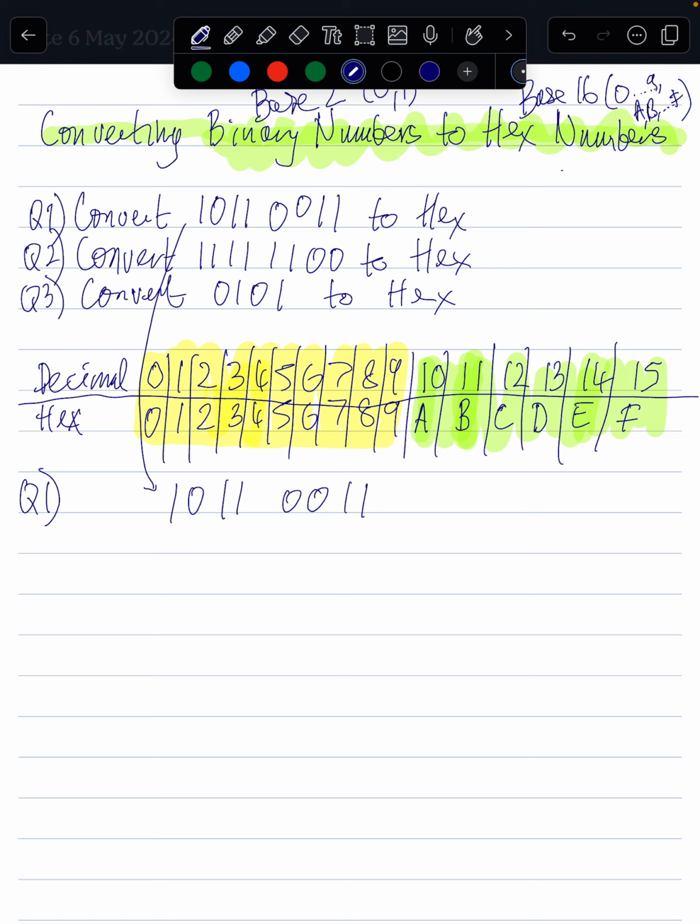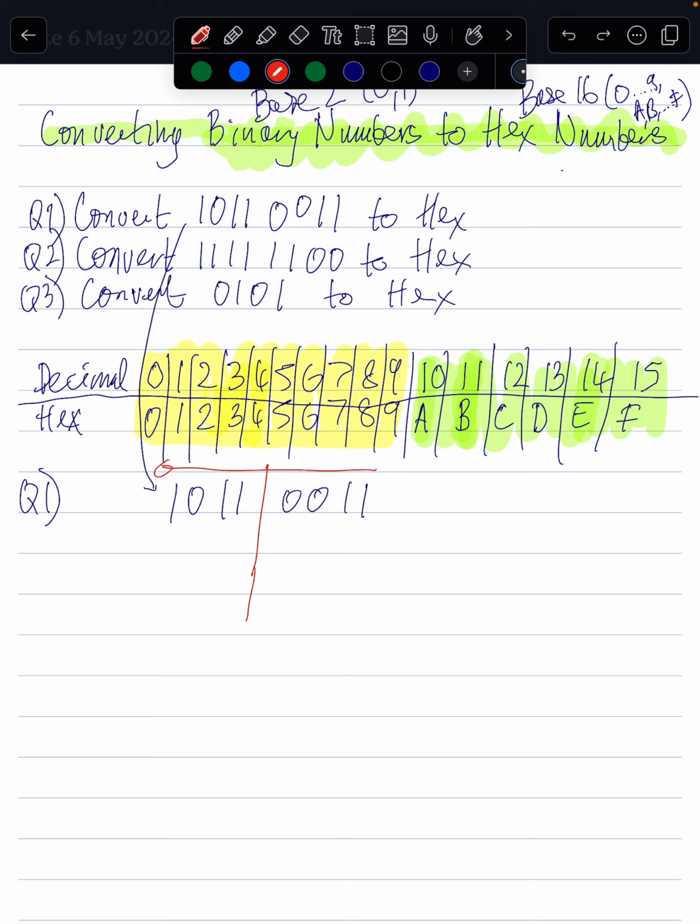And we group it up into groups of 4, going from right to left. We split up our binary number, going from right to left, into 2 groups of 4 bits. So we've got 4 bits here and 4 bits here.